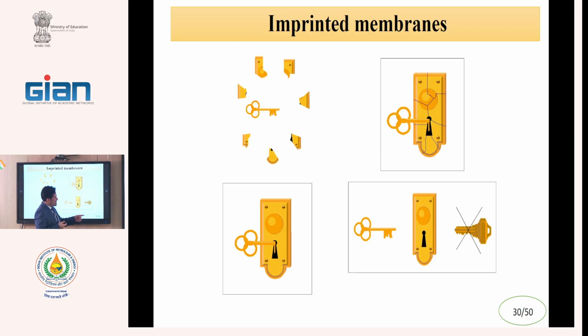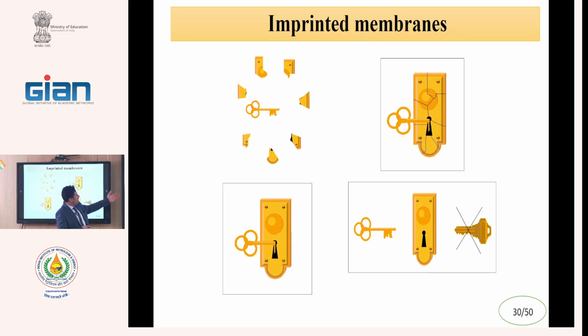This shows that from the first time, we prepare an imprint only for this molecule, and other molecules cannot pass through the membrane. Therefore, we say imprinted membrane.